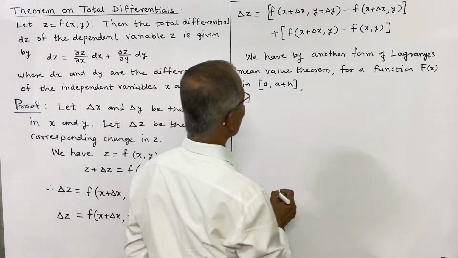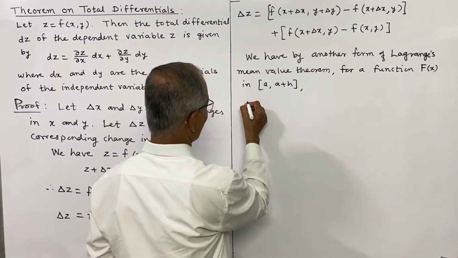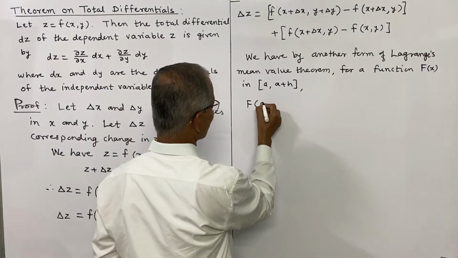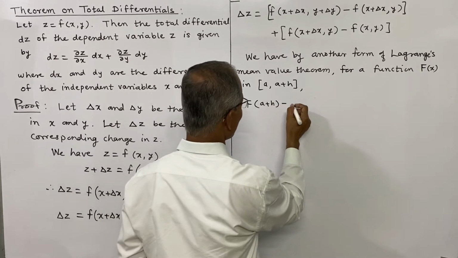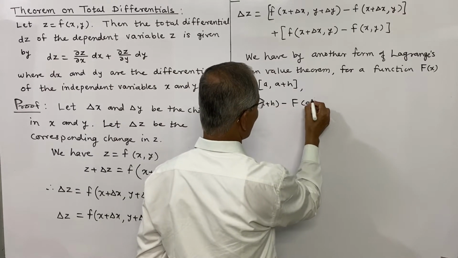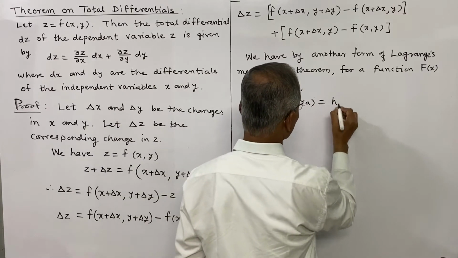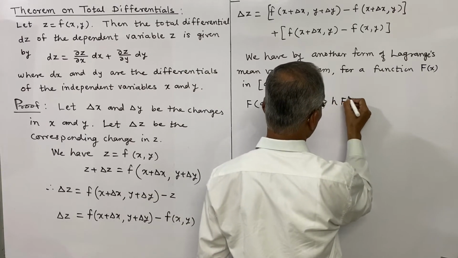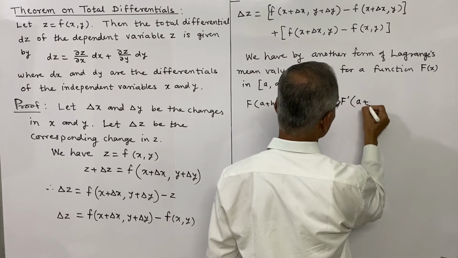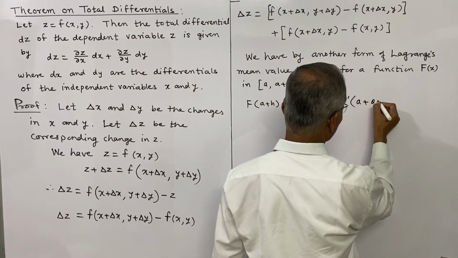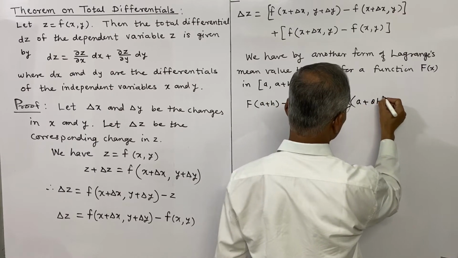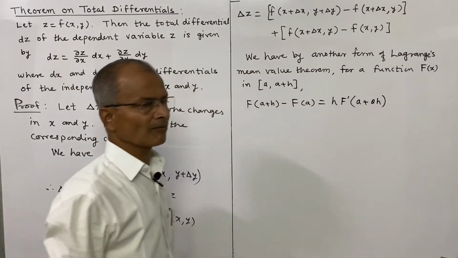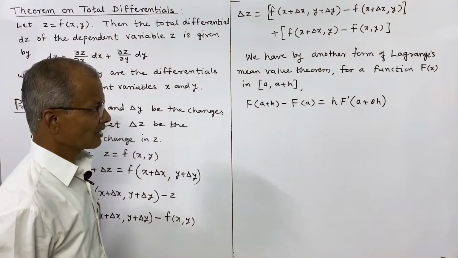So what we have is F of a plus h minus F of a is equal to h F dash at a plus theta times h. So this is another form of Lagrange mean value theorem.